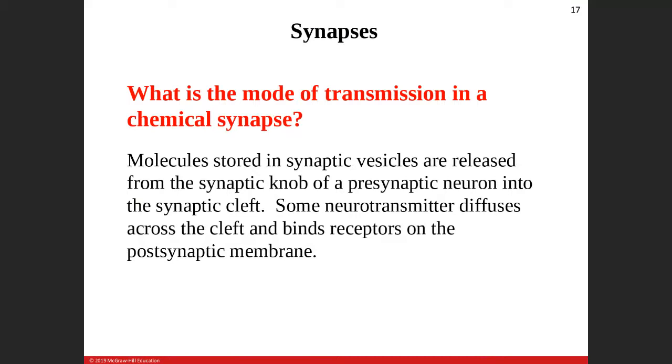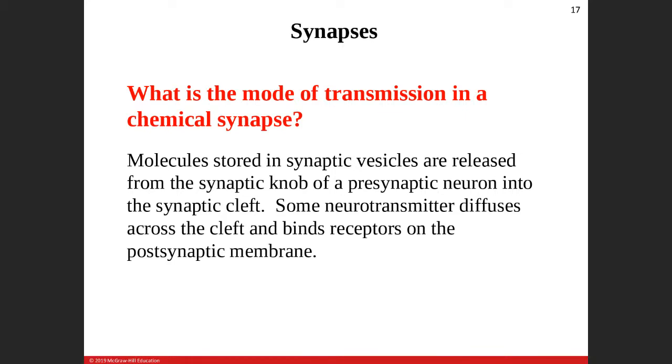All right? What is the mode of transmission in a chemical synapse? You have a molecule that's stored in the synaptic vesicles that are going to be stimulated from the action potential to move towards the plasma membrane of that synaptic knob, fuse with the synaptic knob, and release the chemicals, or the neurotransmitter, into the synaptic cleft.